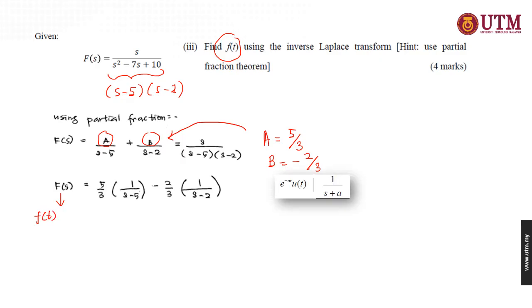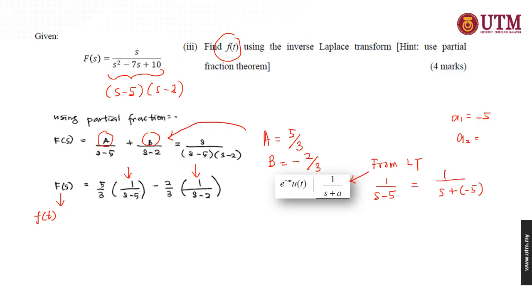So you will notice that these two components are in the shape of this from the Laplace transform table. So therefore, you can compare each individual component. So in this case, 1 over s minus 5, which is equal to 1 over s plus minus 5. Therefore, you know your a equal to minus 5, for the first component, while in the second component, a1 equal to minus 5.